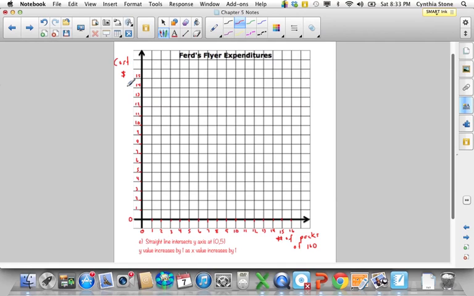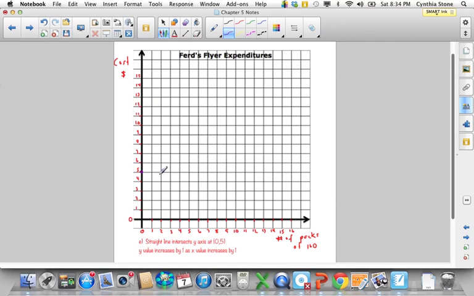So as I graph it, I might just choose a different color. The first point, no matter what happens, he pays $5, even if he sells 0 flyers. If he sells 0 flyers, it's still going to cost $5. That's my first point.